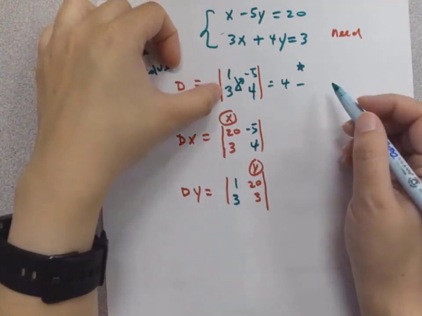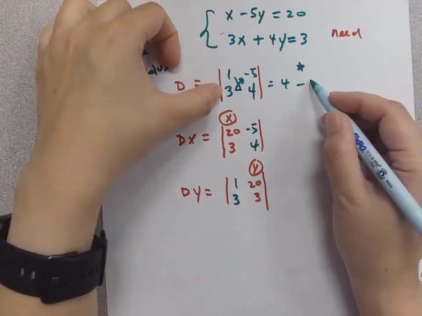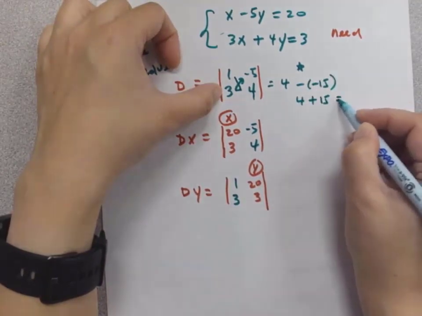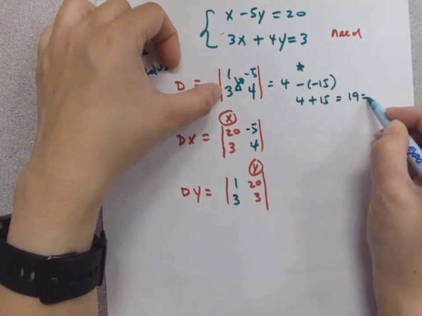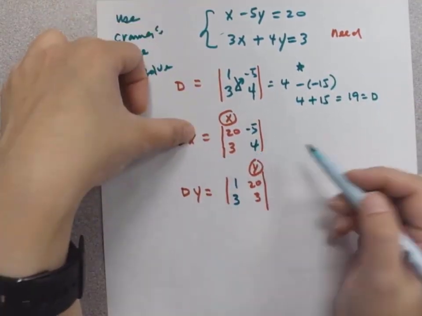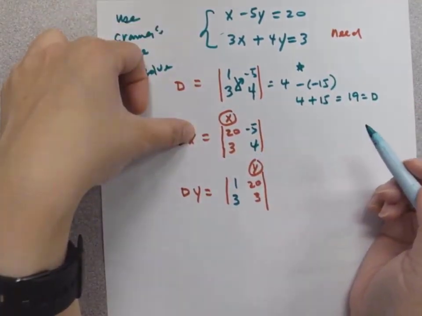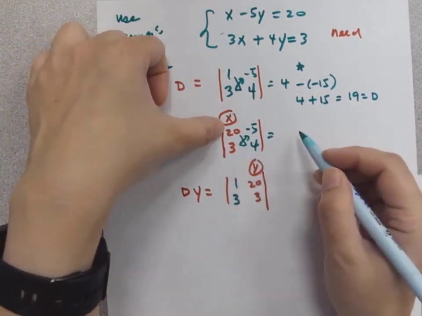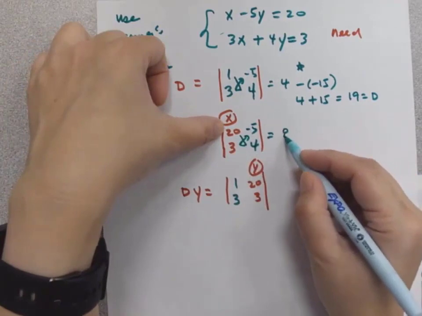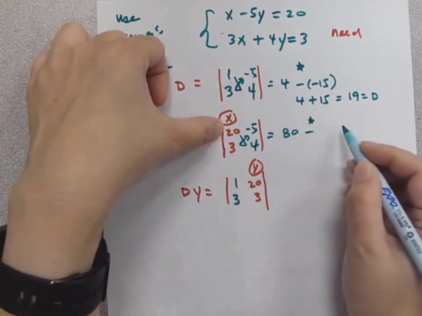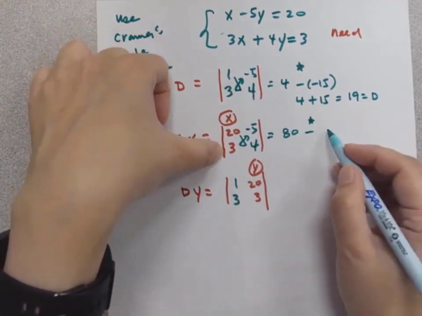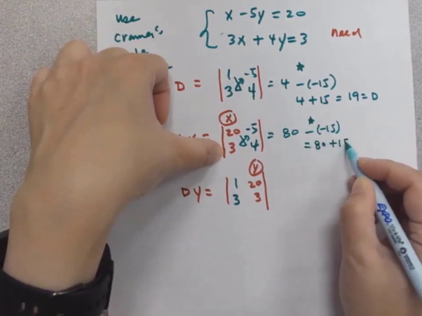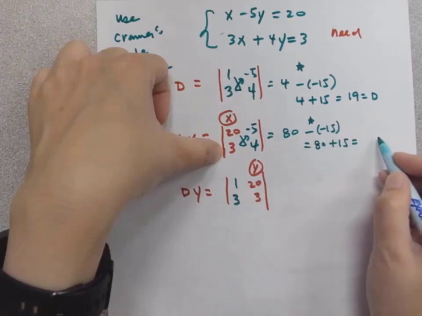Up is 3 times -5 is -15. So we have 4 plus 15, which gives me 19 for D. And then go down and back up. So this one is 20 times 4, which gives me 80, and then add or subtract? Subtract. 3 times -5 is -15 again. So it's going to be 80 plus 15 is 95.